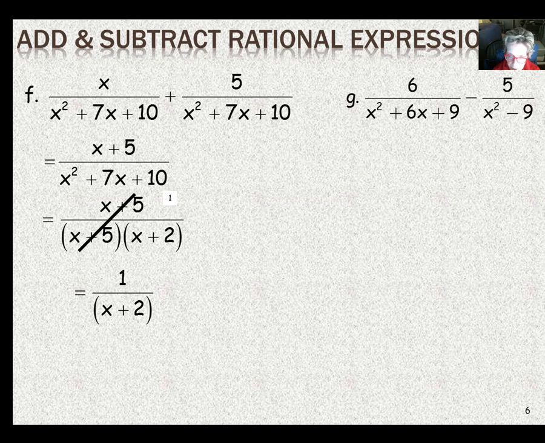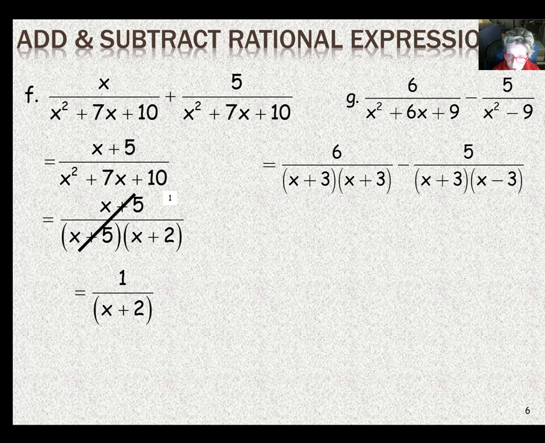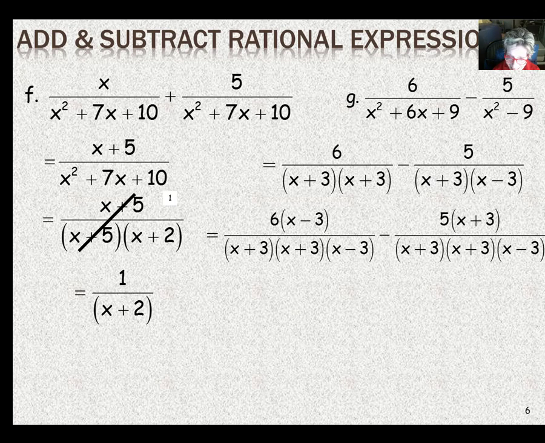My next example, the denominator is different in each fraction, so I must find the LCD. In order to do that, I factor each denominator. My LCD is the combination of all three factors, x plus 3, x plus 3, and x minus 3. Now I must rewrite my numerators on each side and multiply by the piece of the LCD that I did not have.